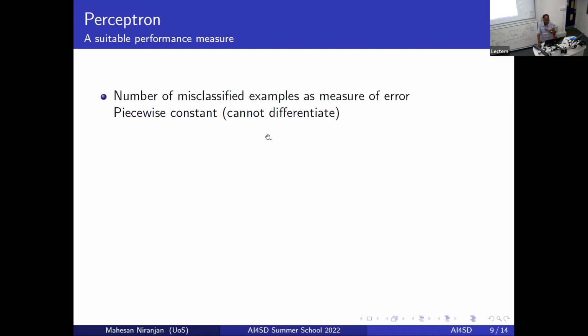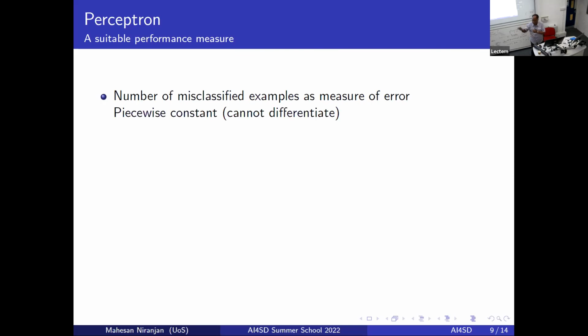If we said the number of misclassified data is an error, that would be a piecewise constant function in that space. Is that something you can visualize? Imagine I take a particular value for the weights of the perceptron. There is some data on this side, some data on this side. Some are misclassified, some are correctly classified.